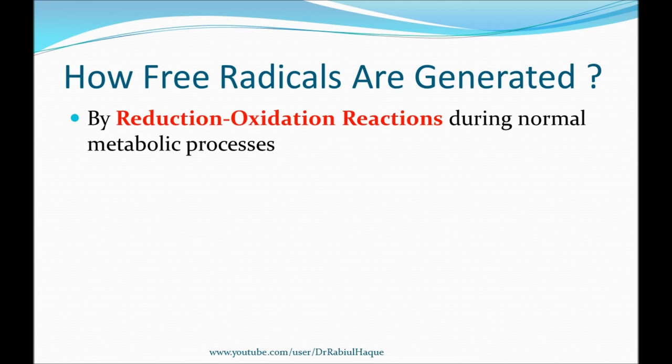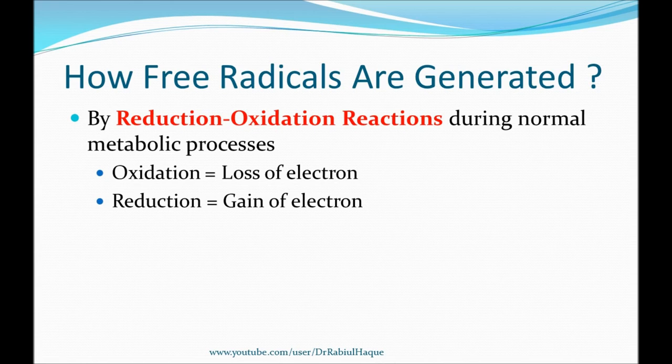So the first mechanism was during reduction-oxidation reactions that occur during normal metabolic process. Now, you may be asking, Dr. Rabiul, what is oxidation and what is reduction? So, to say in short, always remember, oxidation means loss of electron and reduction is the opposite, that is the gain of electron.